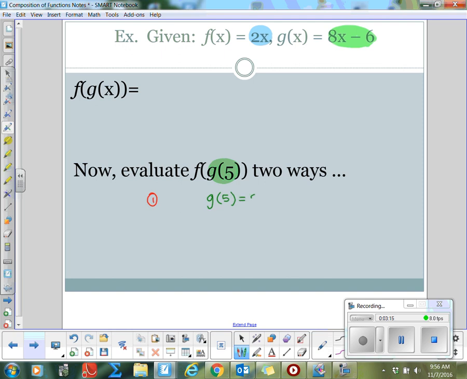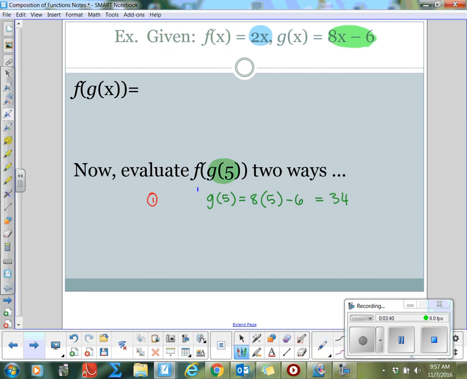That means I take the g function and plug in a 5. 8 times 5 is 40. 40 minus 6 is 34. Let's try that again. So we started with an input of 5. We've got now an output of 34.